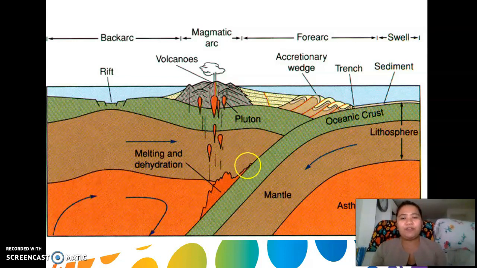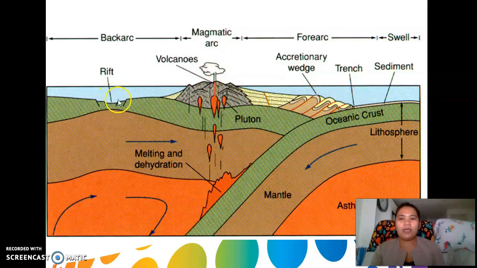The molten rock forms magma, and as we know, magma is less dense than the surrounding rocks. Thus, it rises up and creates volcanoes. Sometimes it's a series or lines of volcanoes, because as you can see from the trench in here, parallel to that are lines of volcanoes.